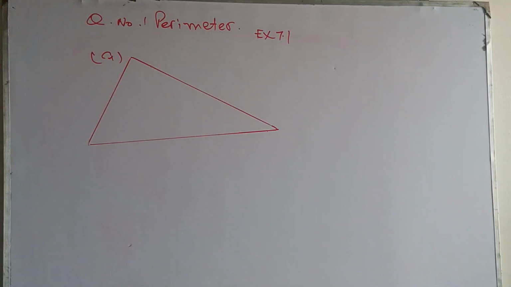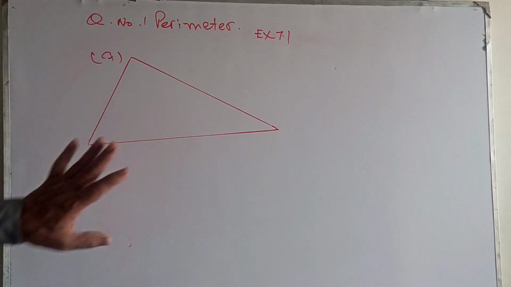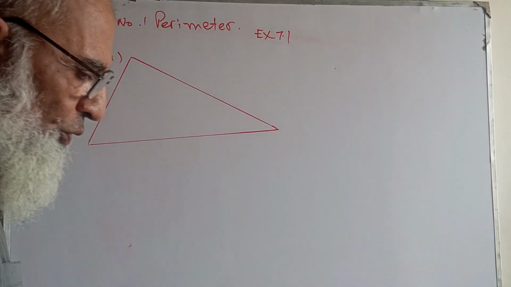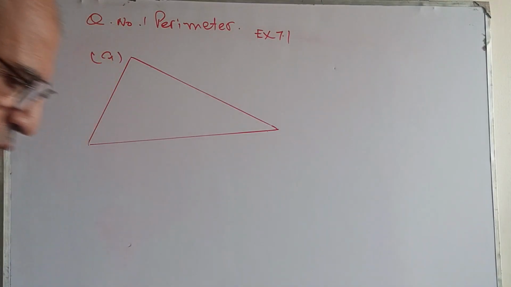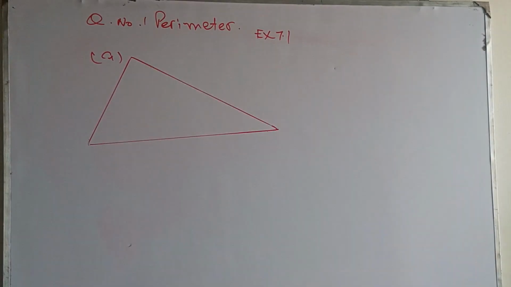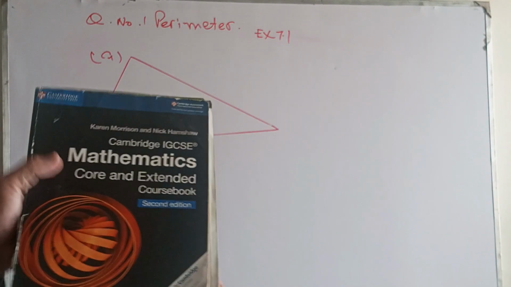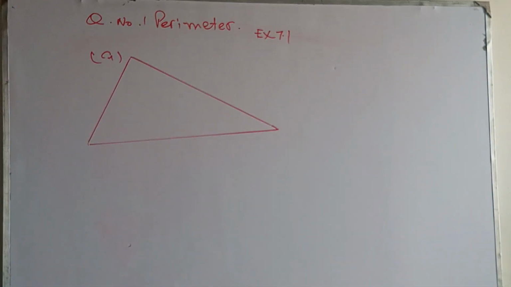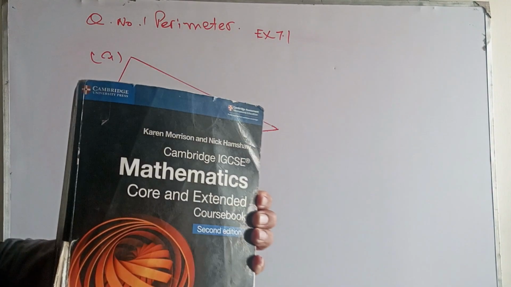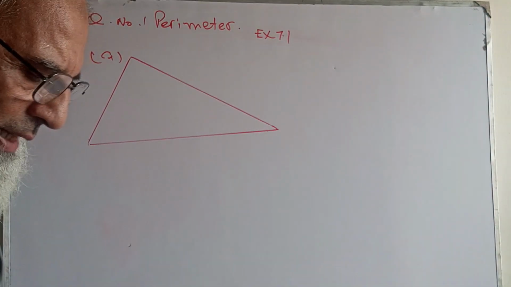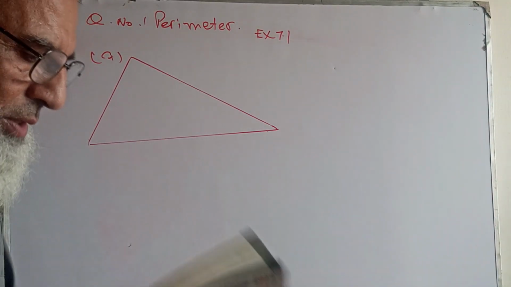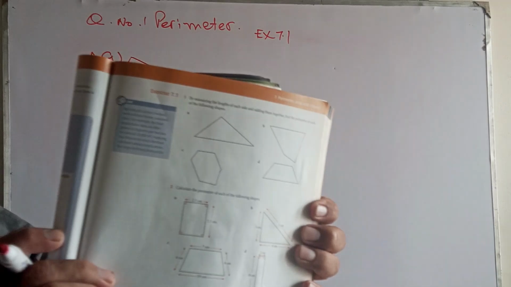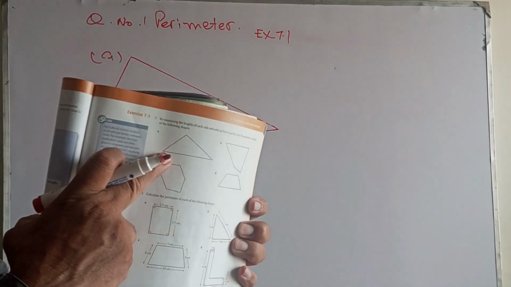Now, in your book, this sort of figure is given. I have shown you this book many times. This is your book, and the exercise we are doing is this one. Okay. Now, this is your first question.